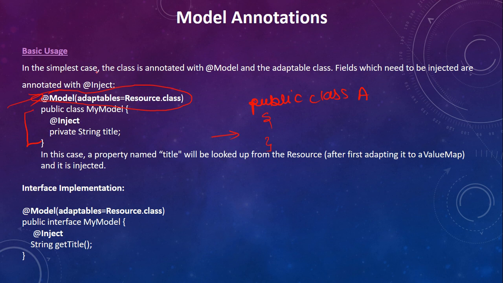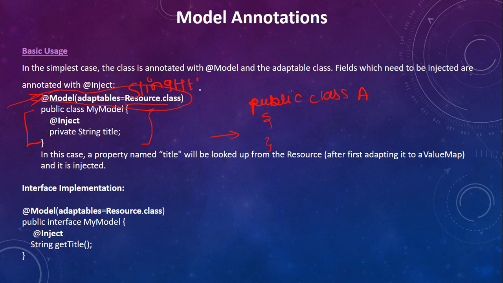Here we have one attribute, that is adaptables. Now your class is adapting from a resource, which means you can get the resource easily. This class will be treated as a resource. Instead of that, in adaptables we have a lot of options, but mostly we'll use two.